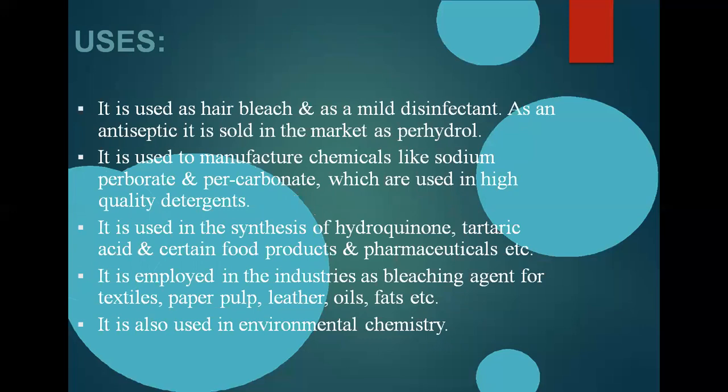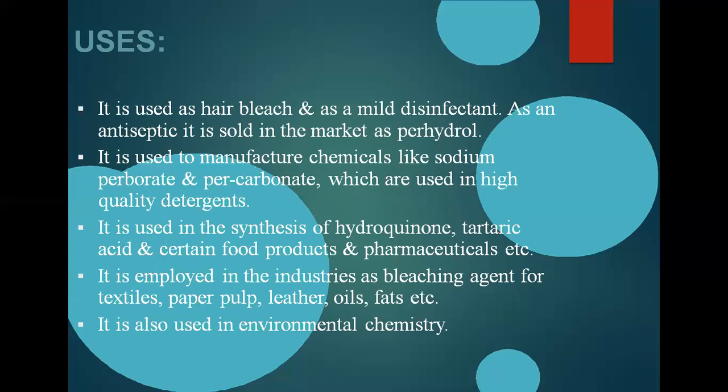Uses: it is used as a hair bleach and as a mild disinfectant, as an antiseptic. It is sold in the market as parent. It is used to manufacture chemicals like sodium perborate and percarbonate, which are used in high quality detergents. It is used to synthesize hydroquinone, tartaric acid, and certain food products and pharmaceuticals.